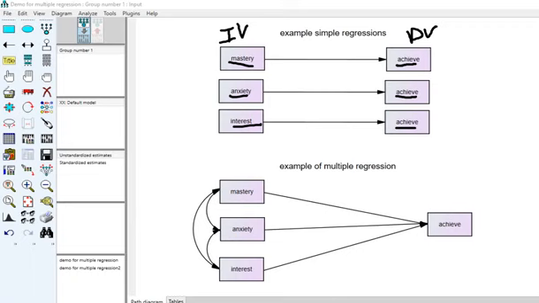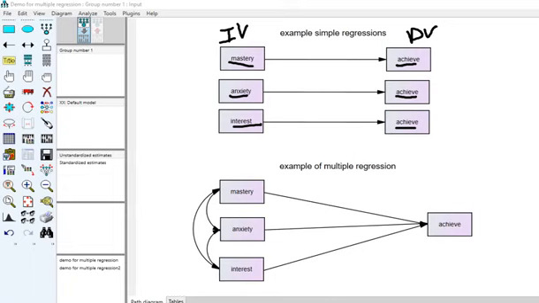Basically, with simple or multiple regression using least squares estimation, the dependent variable is assumed to be continuous, and the independent variable or variables, if we're in the context of multiple regression, are oftentimes measured as continuous. It is possible to have a factor as a predictor, but generally that entails recoding the factor into dummy-coded variables.